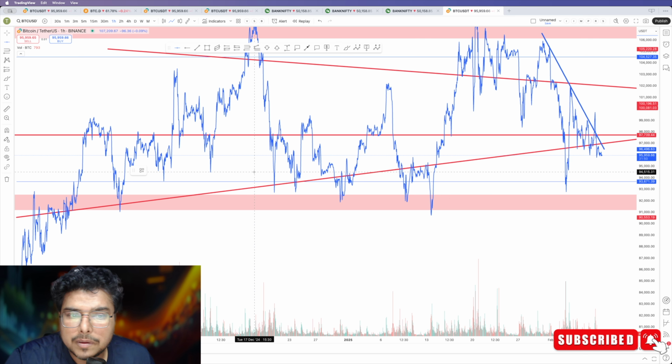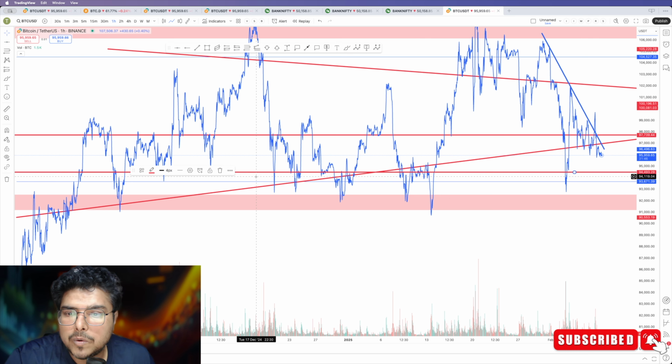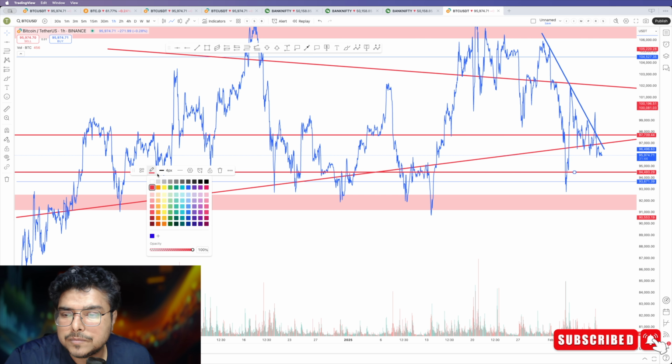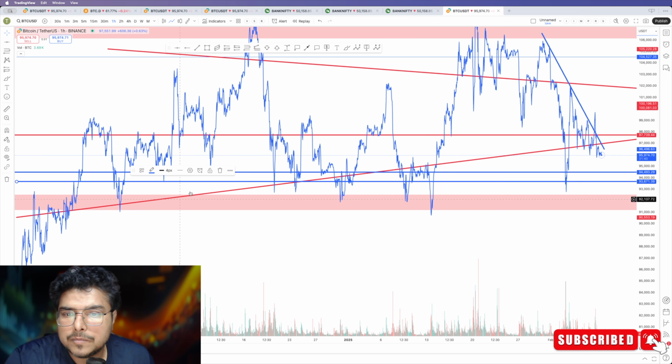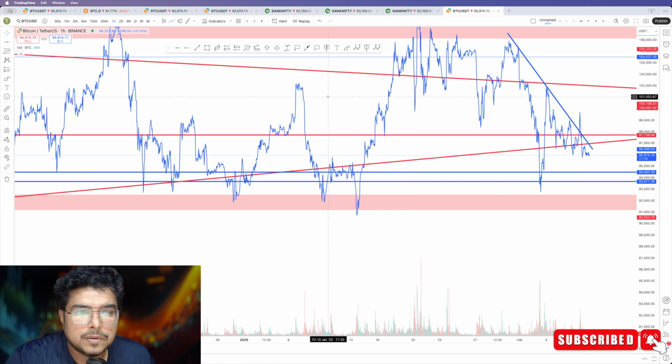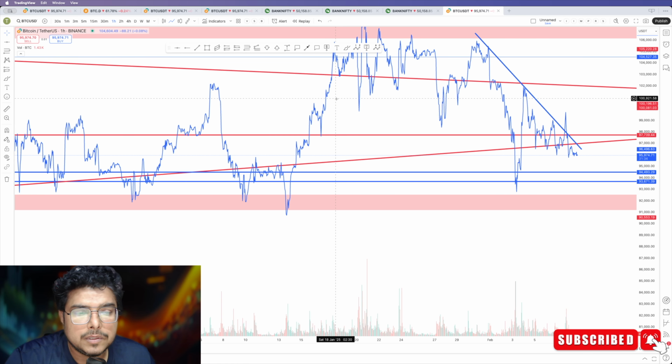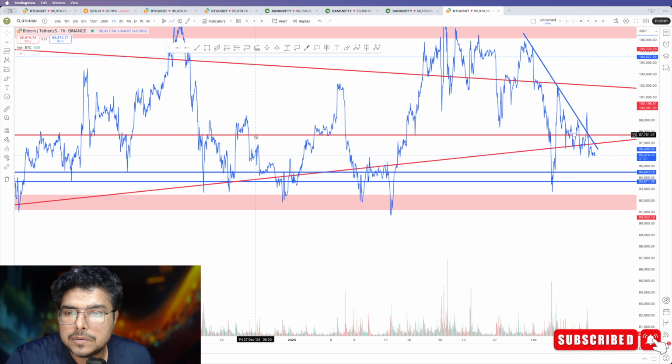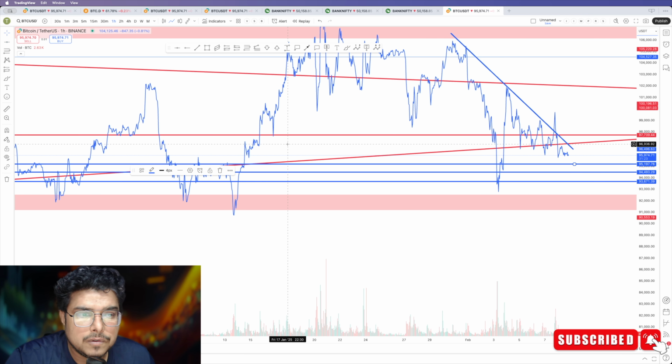Yeah, and one more. Okay, so these are the support levels, and there is one more. It's kind of a range actually. Yep, it's kind of a range.